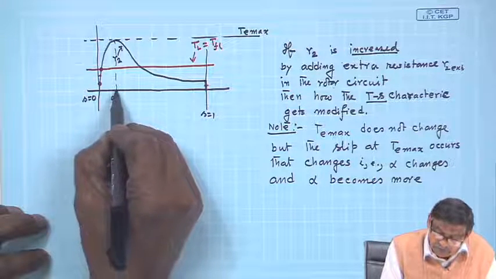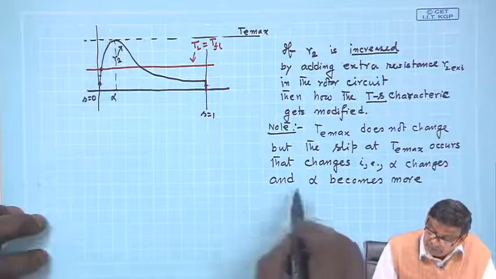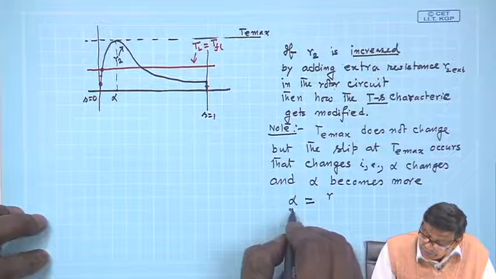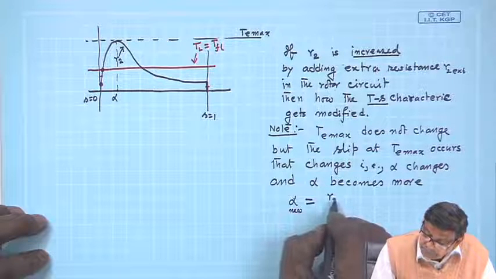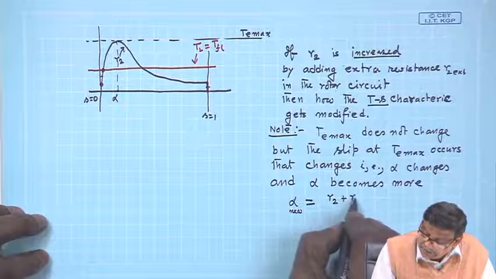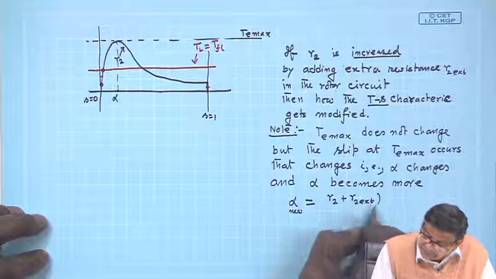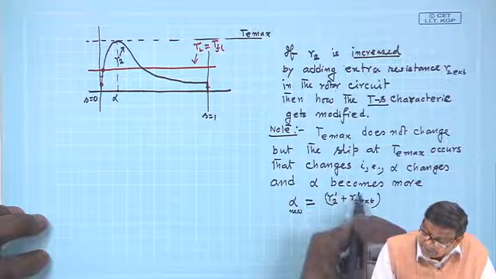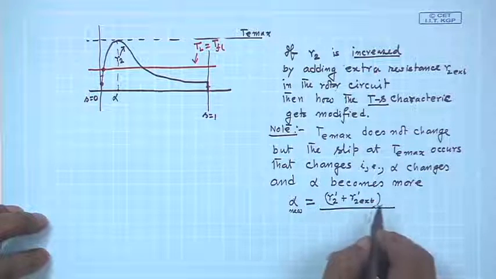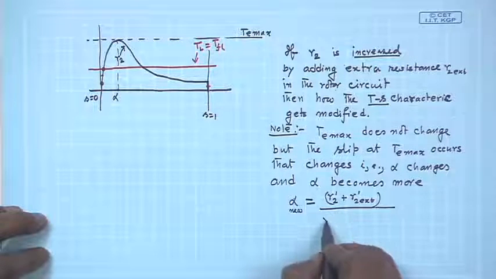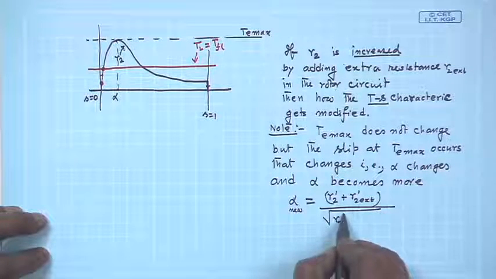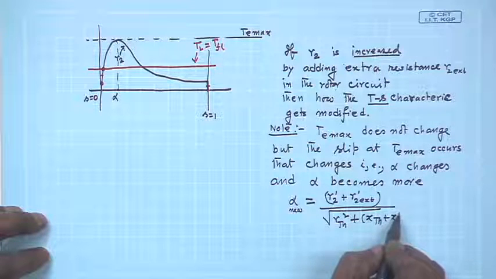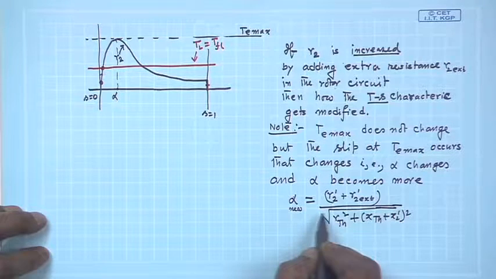But the value of alpha at which maximum torque occurs will be alpha nu, which is R2 dashed plus R2 external dashed divided by the square root of R Thevenin square plus X Thevenin plus X2 dash squared. This will be the value of alpha nu.